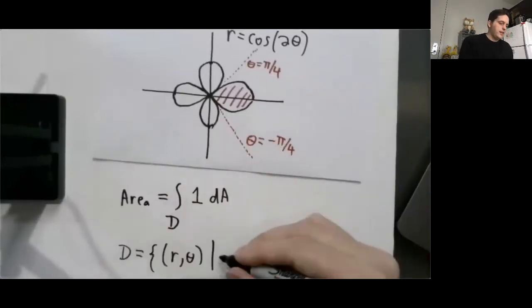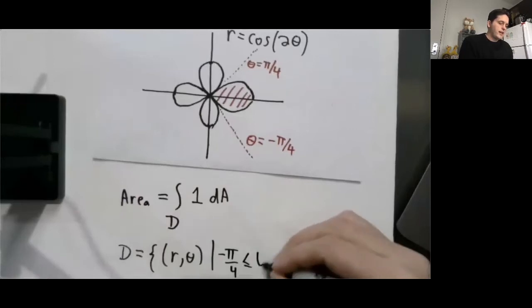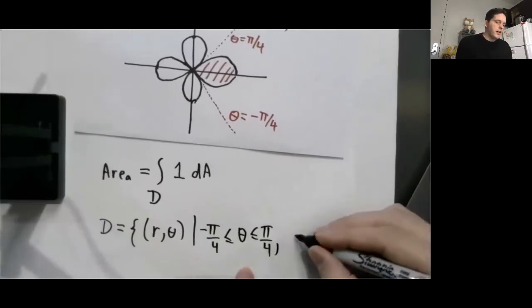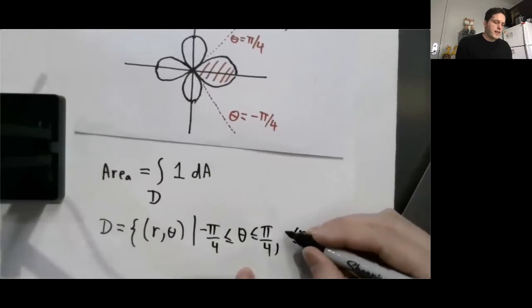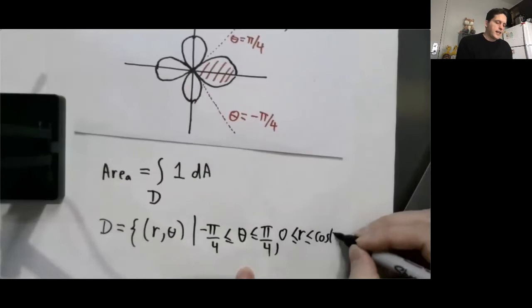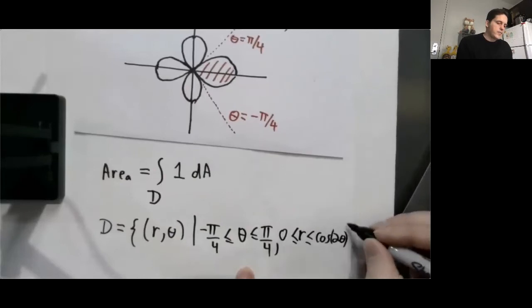And also r is always in between 0 and cosine of 2 theta.